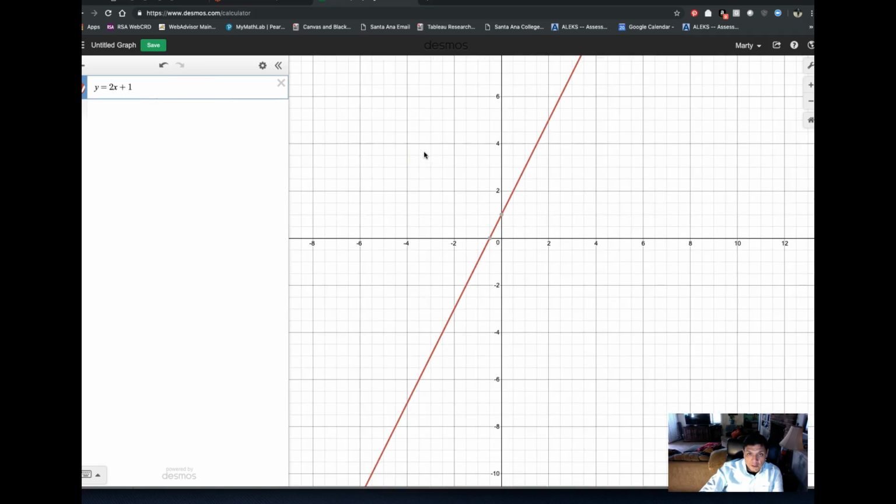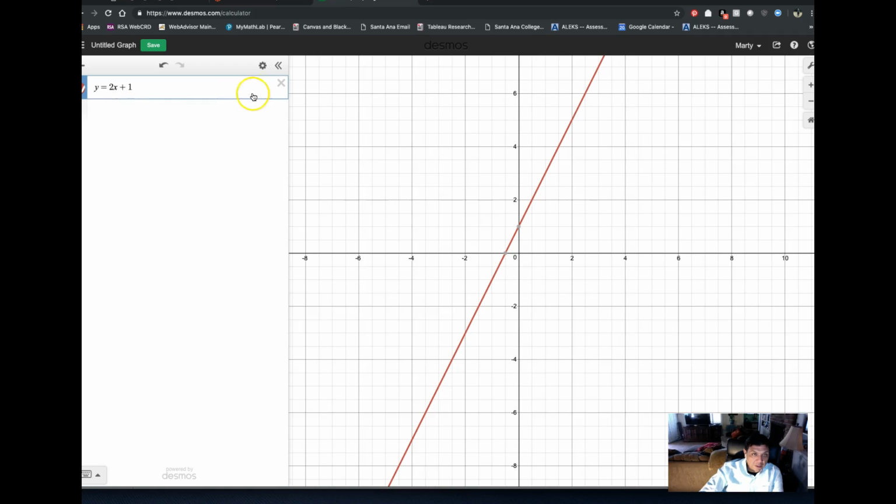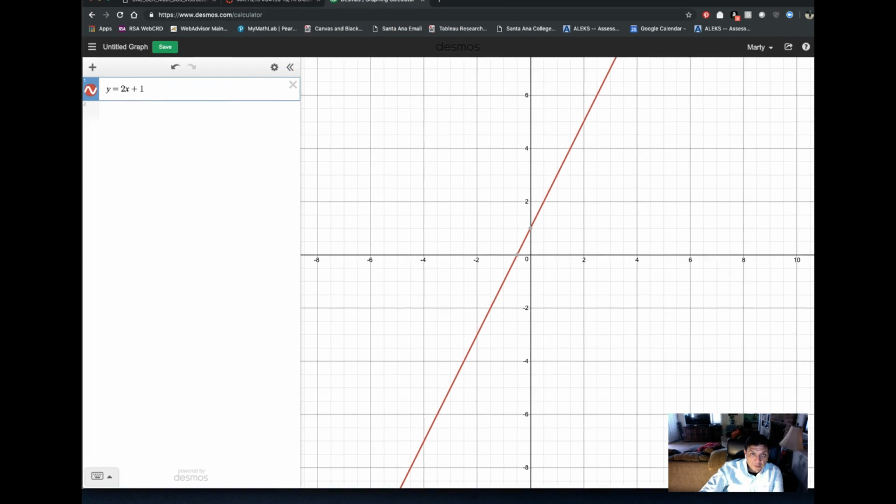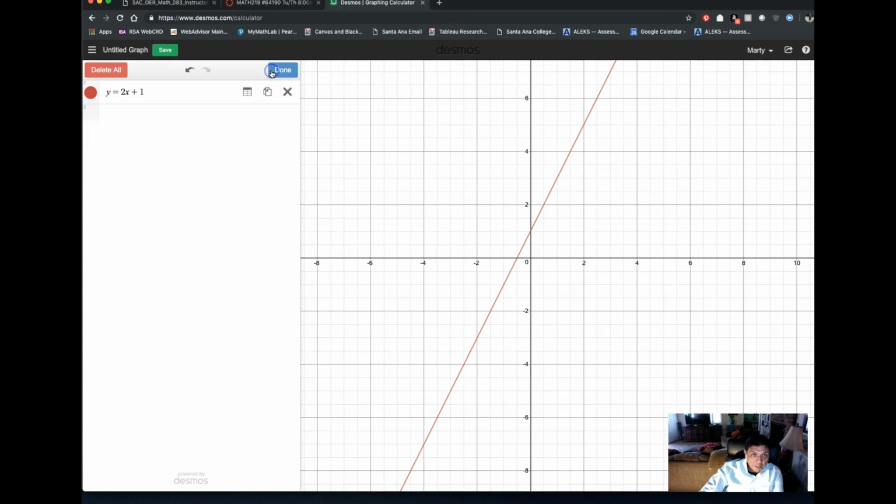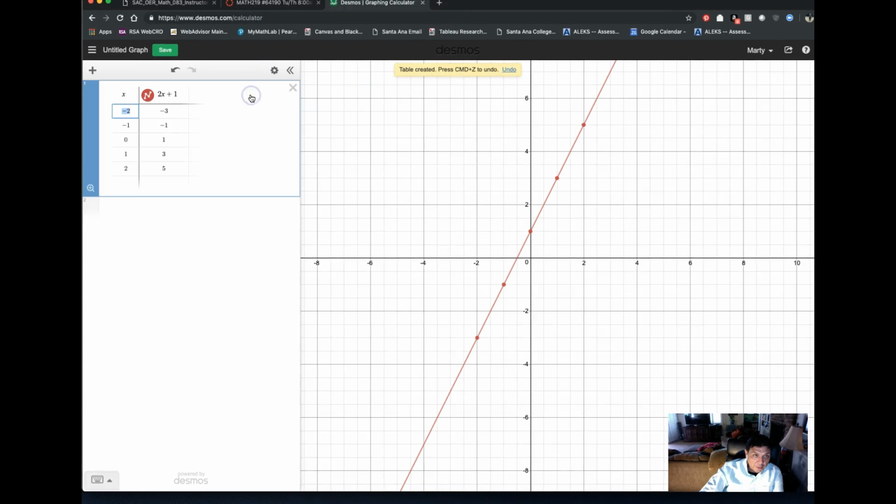To get points, you can also hit this edit button, and then add a table. You see it converts it to a table, and there are some nice points there. That's one way to use this on Desmos.